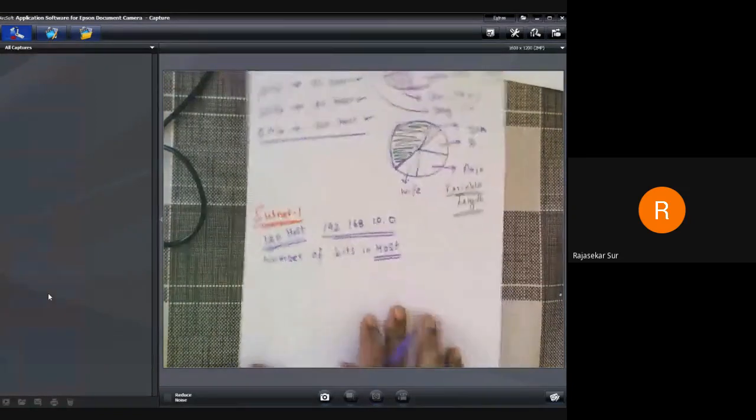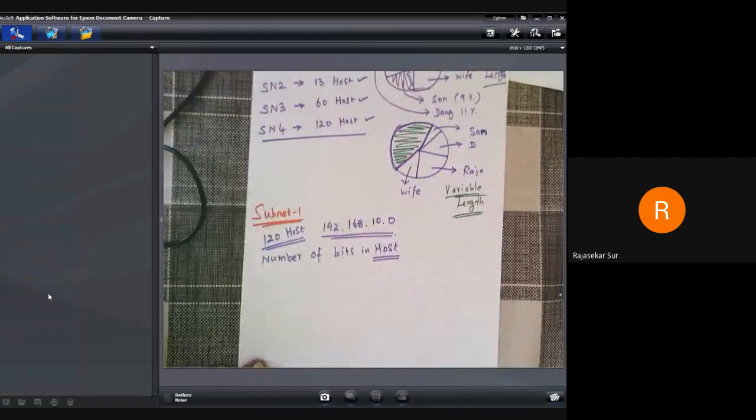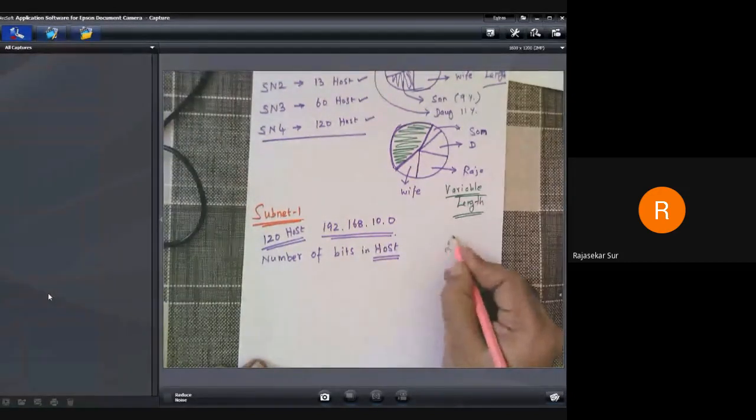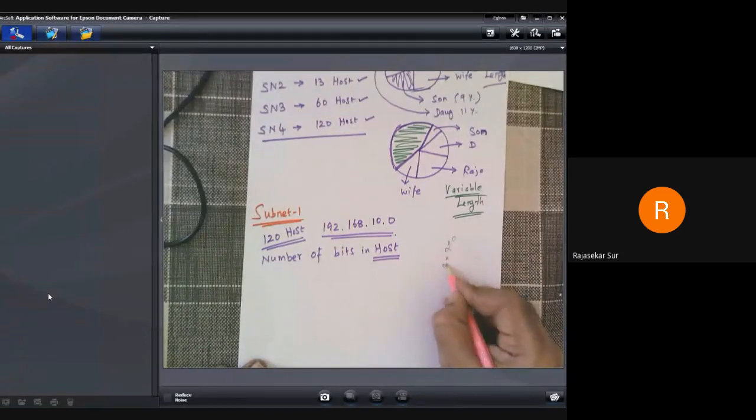Now look at the paper very carefully. Only this point, if you understand, everything is finished. So what does that mean? See, 2 to the power of 0, 2 to the power of 1, 2 to the power of 2, 2 to the power of 3, 4, 5, 6, 7.